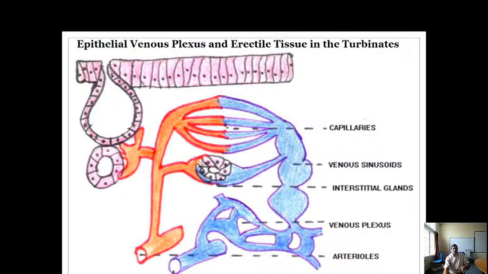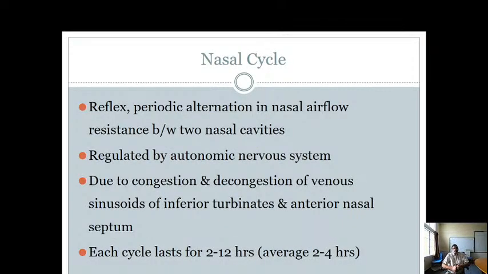And so basically the first point that we have discussed is breathing in and breathing out, inspiration and expiration. We have seen the nasal valve and the blood vessels peculiar to the inferior turbinate area. Then we go into a situation which is called the nasal cycle. This was described where they found that both the nostrils do not function at the same time. One side of the nose is totally blocked, and the other functions normally.